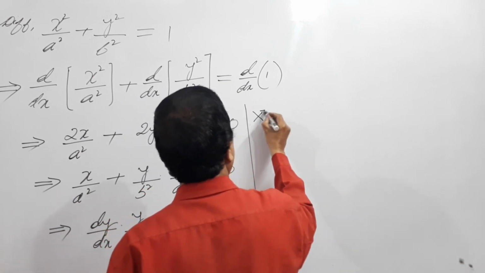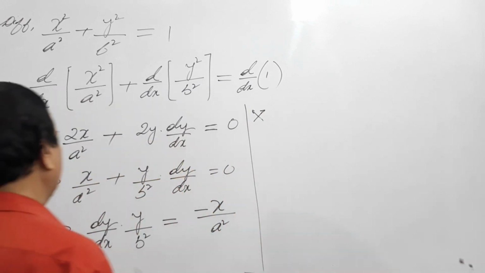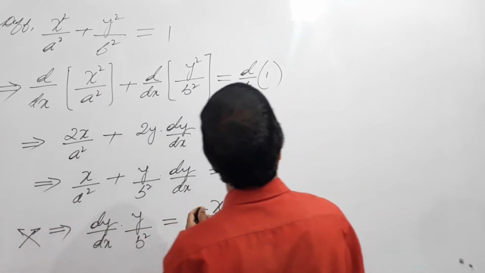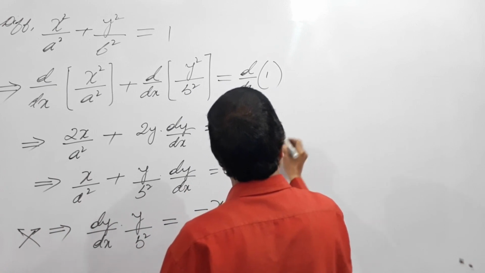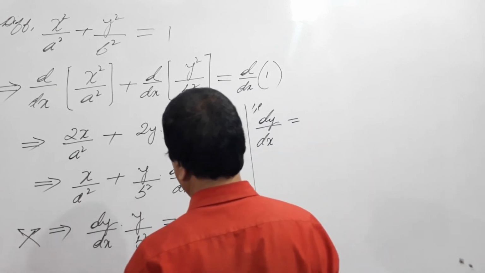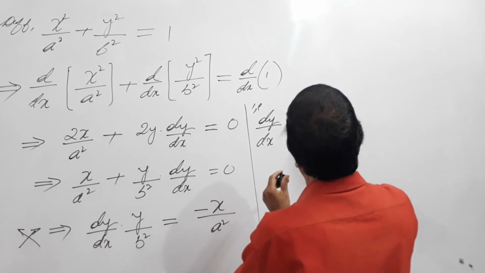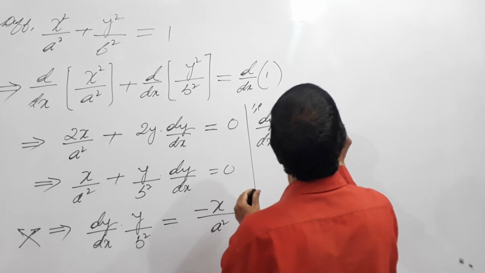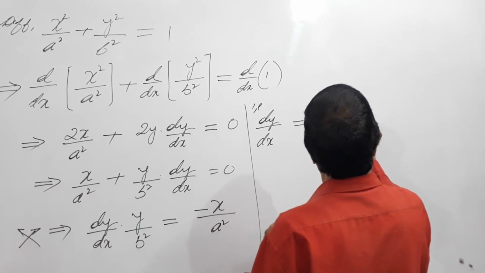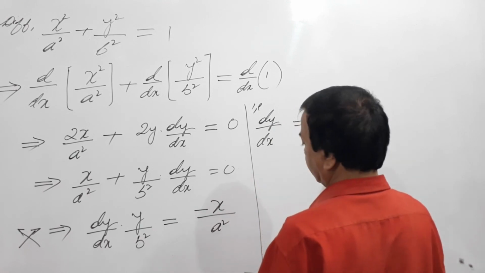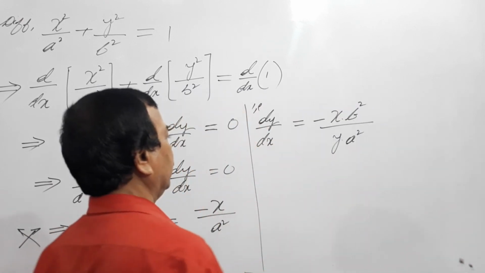By cross multiplication we get dy by dx equals to minus x into b square divided by y into a square.